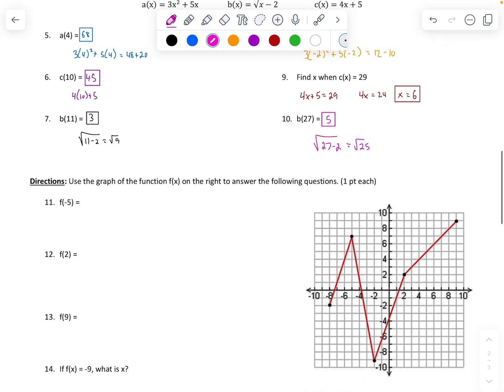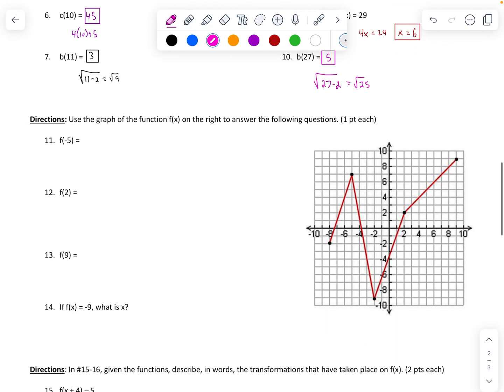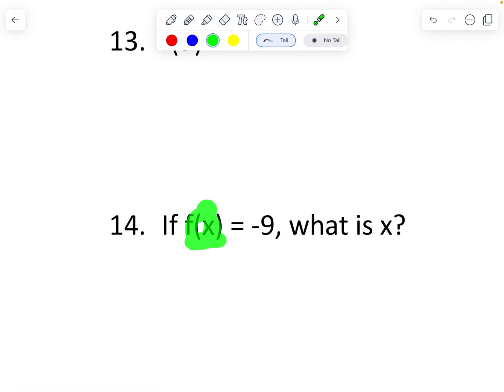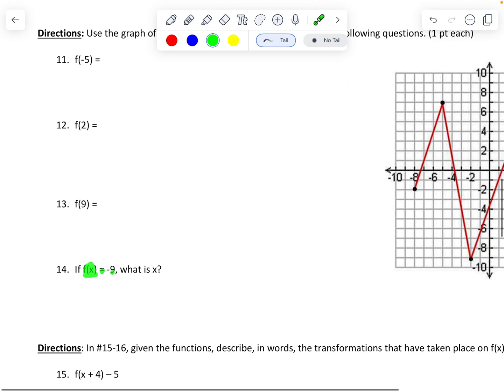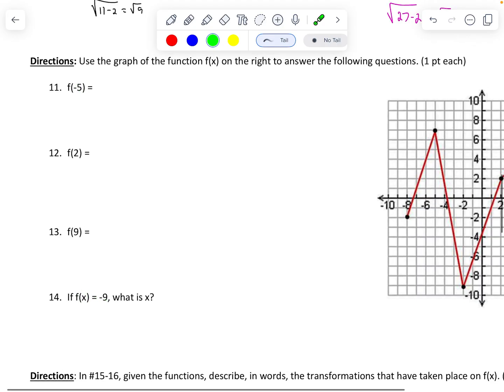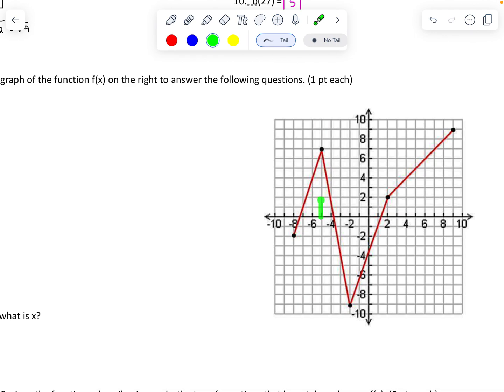And there you go. 11 through 14 is the same thing, except from a graph. So I've given you x, find y, x, find y, x, find y. Given you y, find x. Remember, this is a fancy way of saying y equals -9. So when x is -5, come over to your graph, find when x is -5 right here, tell me the y value, and it looks like it is 7.